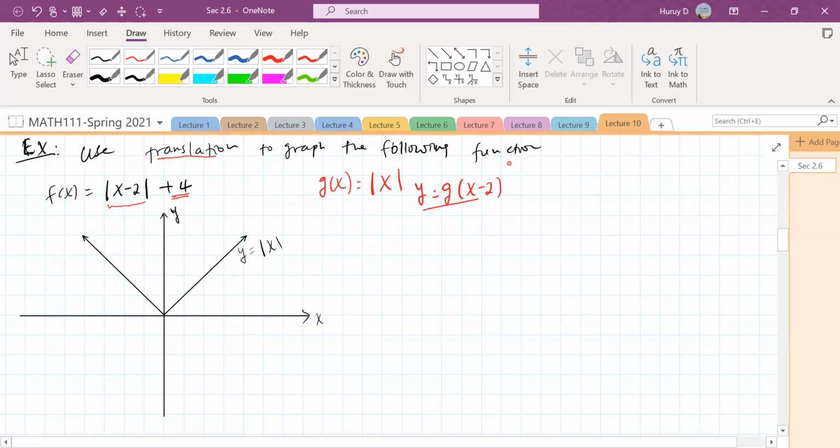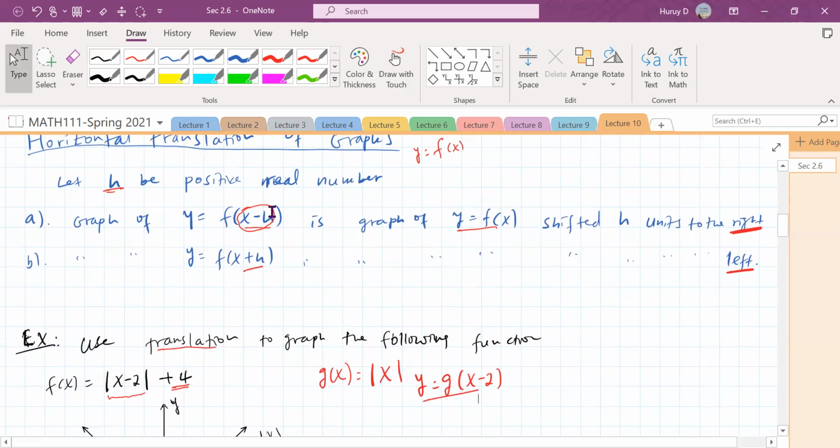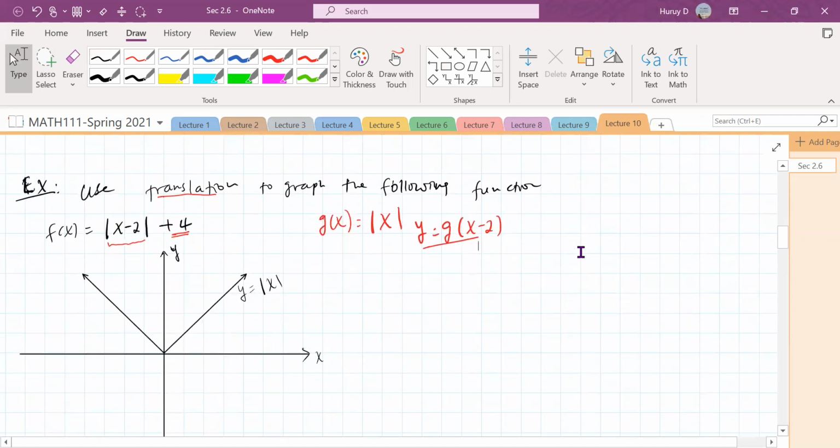And what do we know? If we go back, if you have f of x minus h, then the graph of this function is the graph of the original shifted to the right by h units. Now our h is 2. So here we have h equals 2. Therefore, the shift will be to the right, by 2 units.